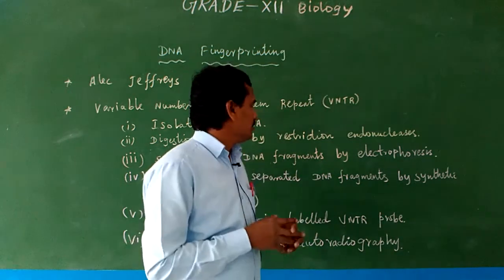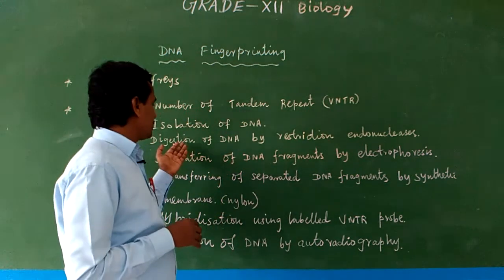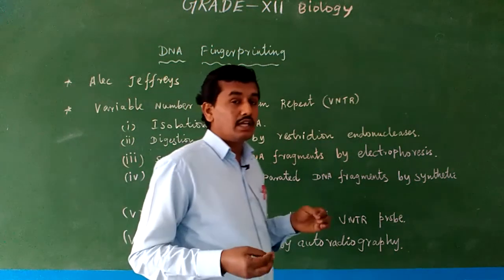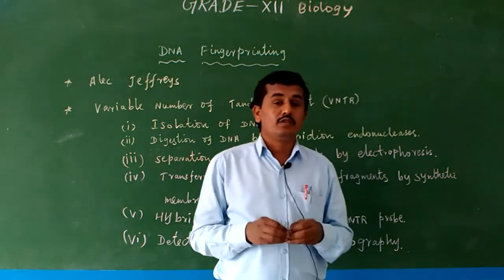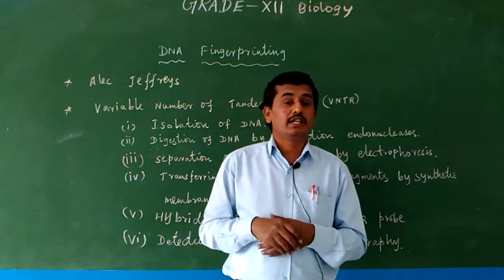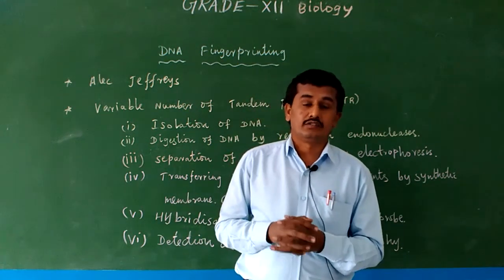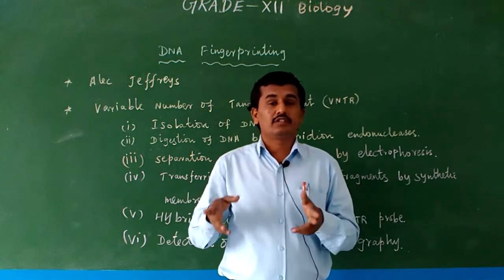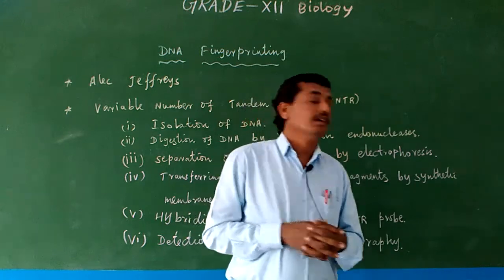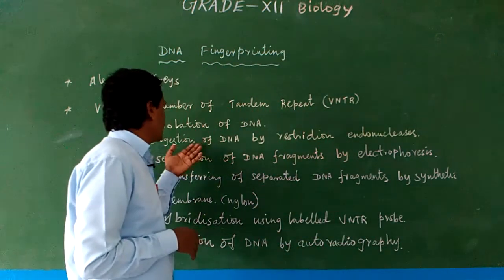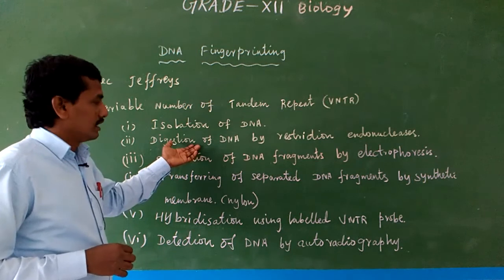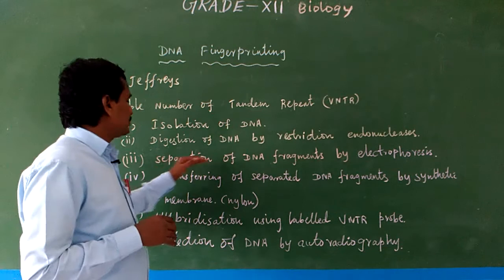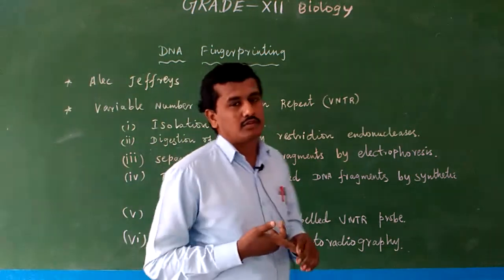Okay, so with restriction endonuclease we digest the total length of the DNA. As we know from the earlier part of this lesson, the DNA in a single human cell nucleus is 2.2 meters in length, and with restriction endonuclease we cut it into fragments. Then comes separation of the small DNA fragments by electrophoresis.